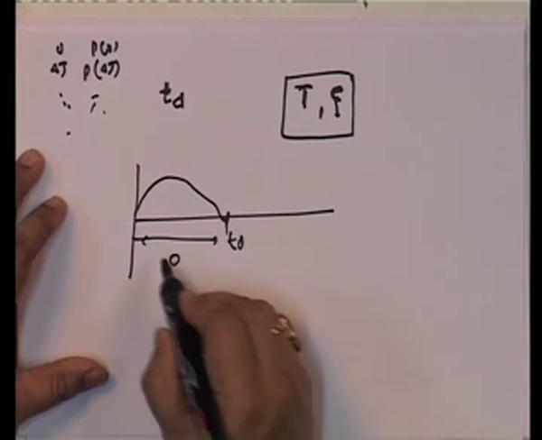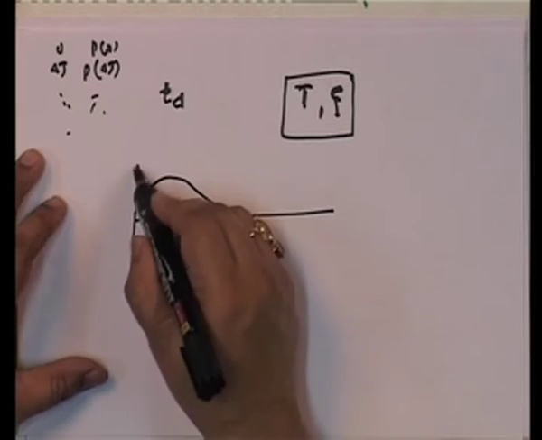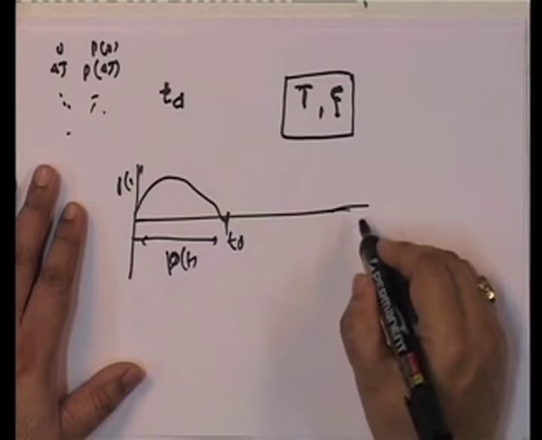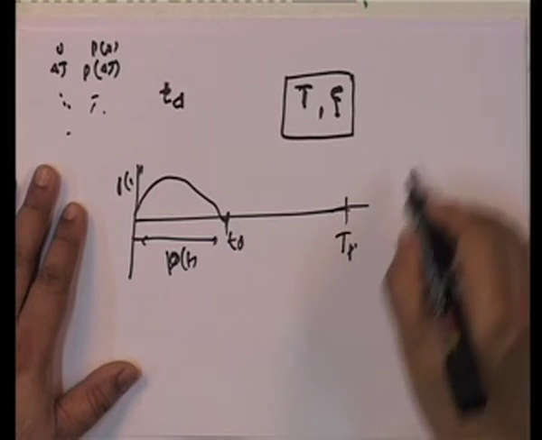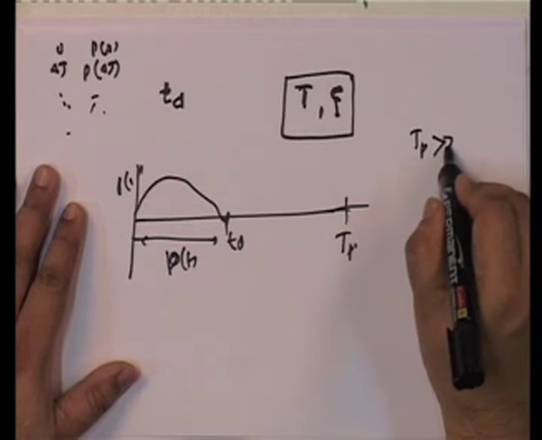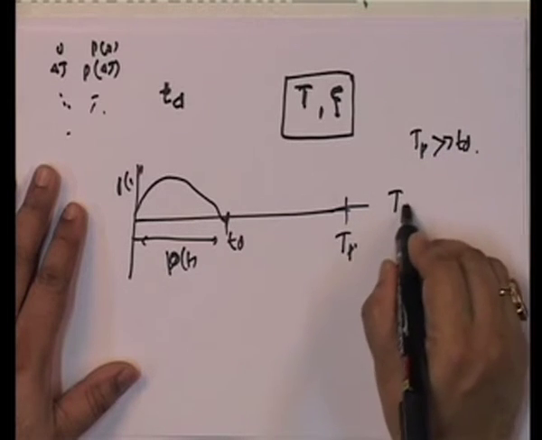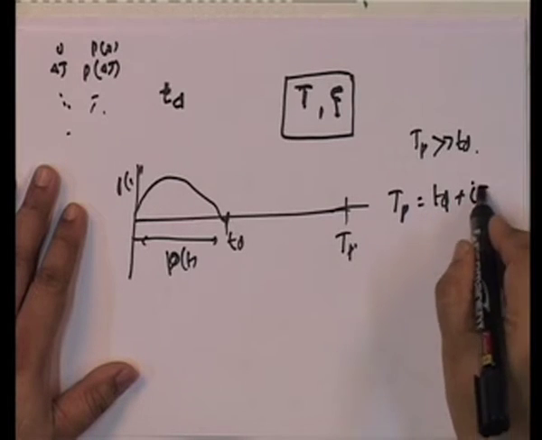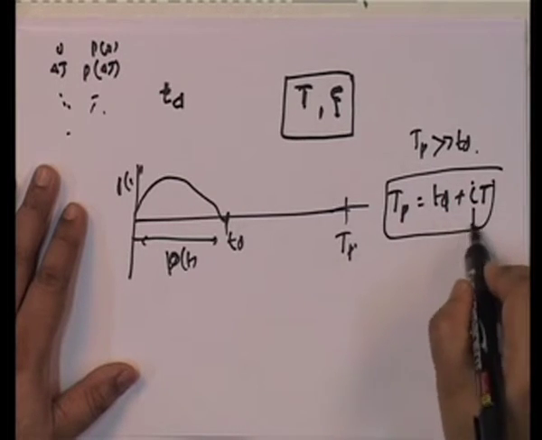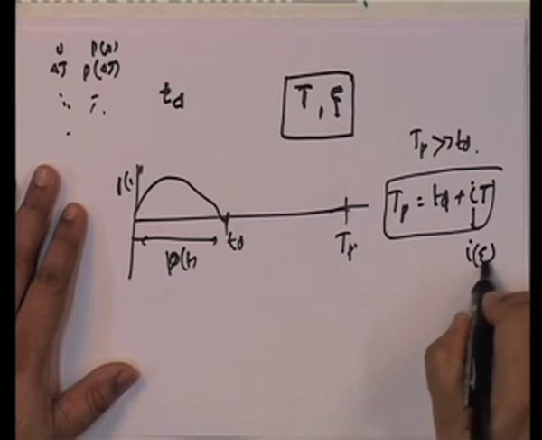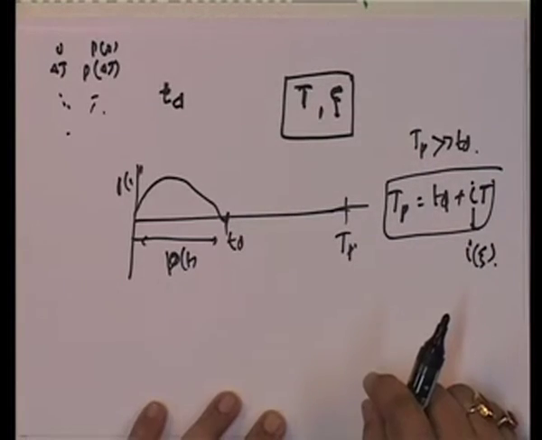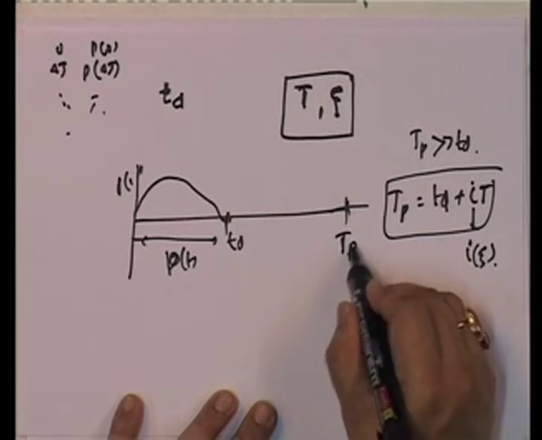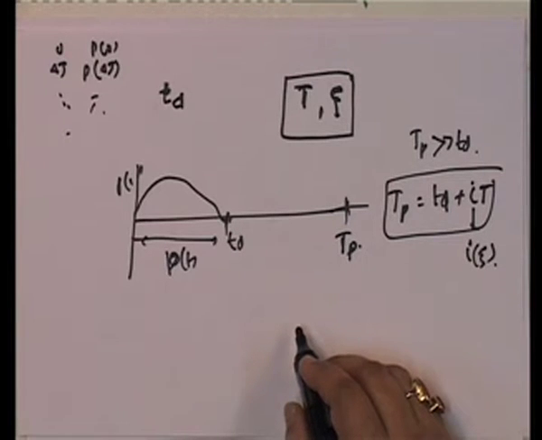This is the record of P t. Now, what do I have to do? T p is not T d. T p is greater than T d, and typically T p is equal to T d plus I t, where I is a function of xi. Okay. So, from that, given T d, I can find out my total time that I need to put in.